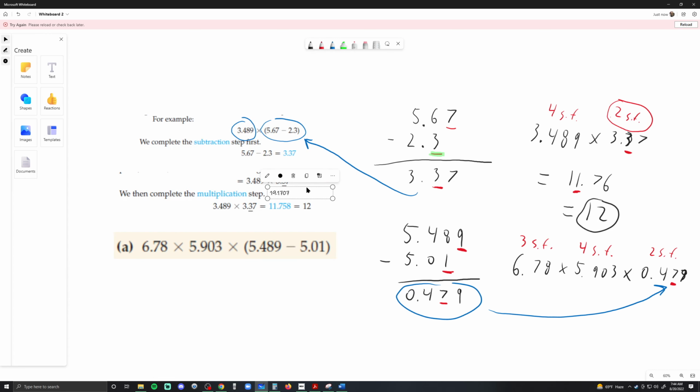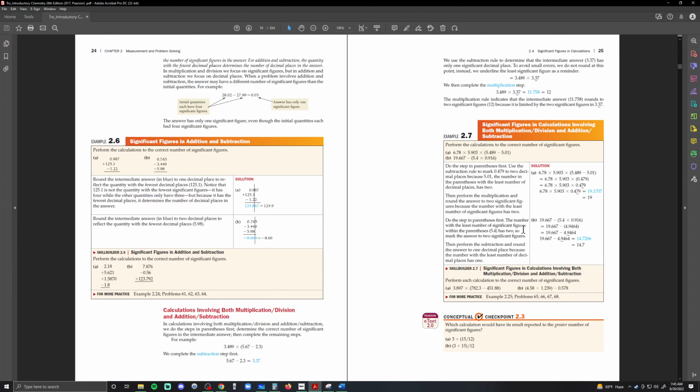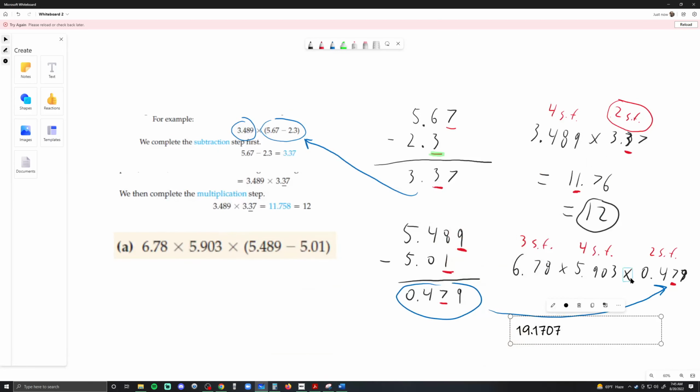So this was our result. 19.1707. Let me make sure I did that right when we look at the textbook. Yeah, 19. Okay. And now, this number should be rounded so that it has 2 sig figs.